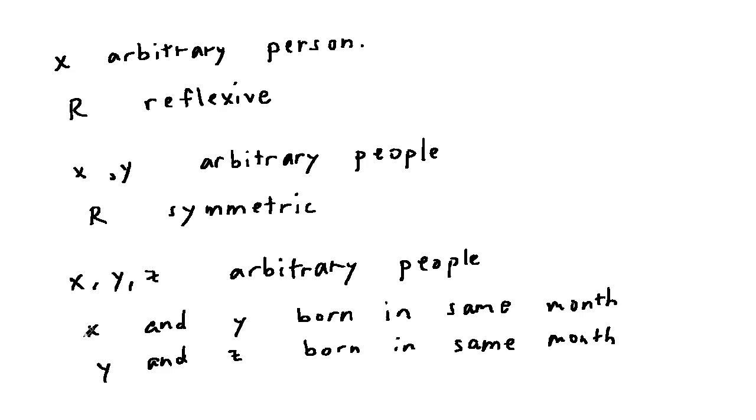Then X was born in the same month as Z was born in. Hence R is transitive.